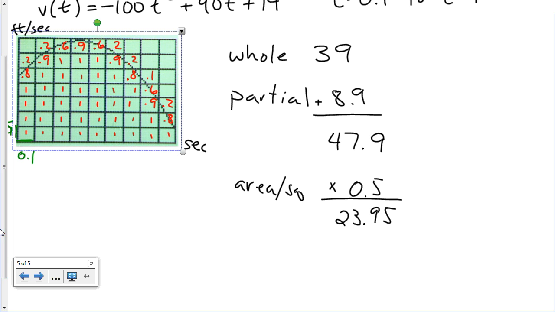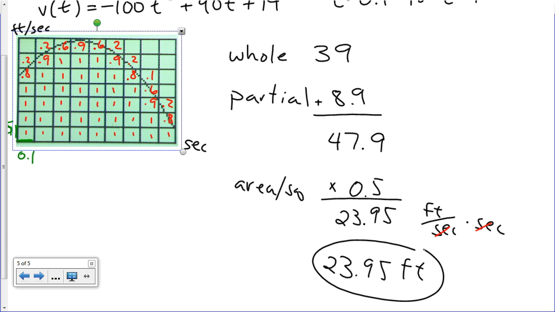In other words, it's feet per second times seconds. So the seconds cancel out, of course, and we're left with just feet. So we get 23.95 feet. That's our approximation for the displacement. And that's the end of this section.